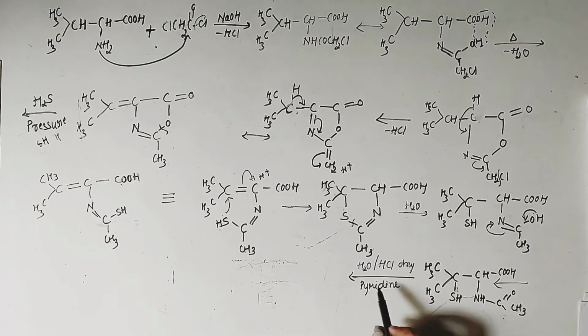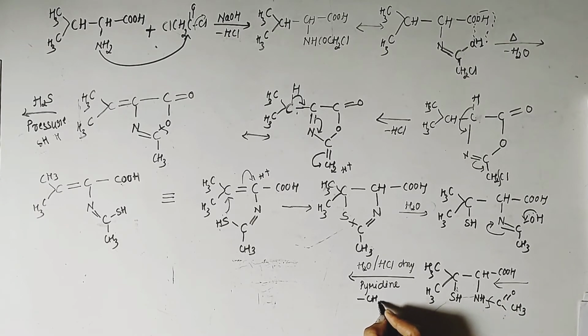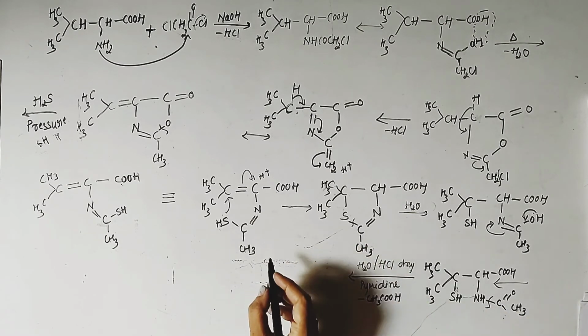So what happens here? The bond between NH and CO, that is nitrogen and carbon, will break, and that leads to the elimination of acetic acid, CH3COOH. And later we will get the final product.